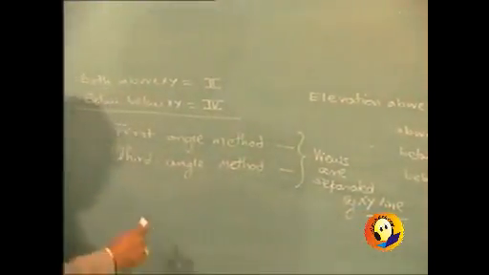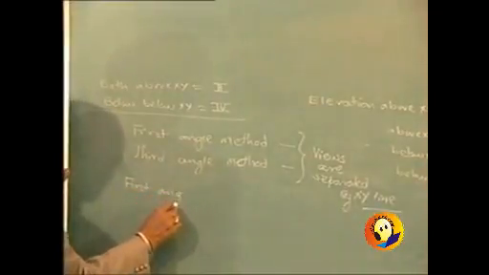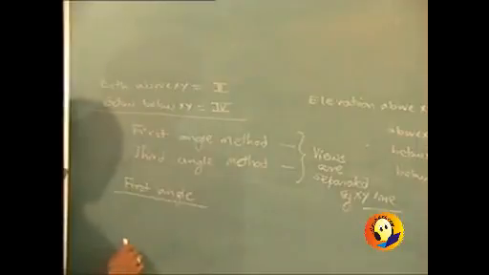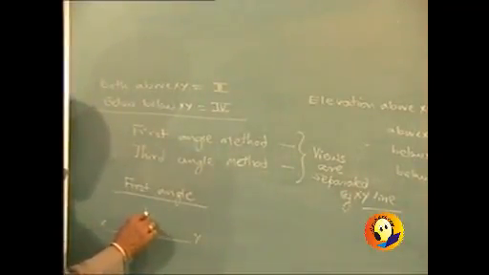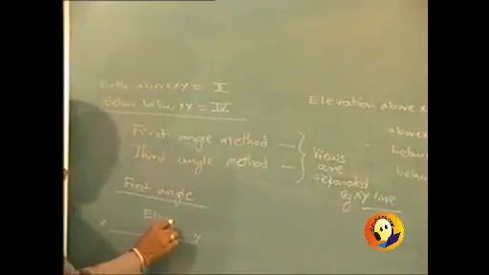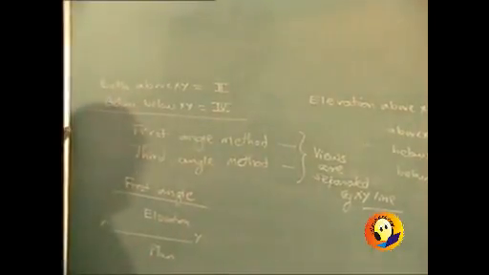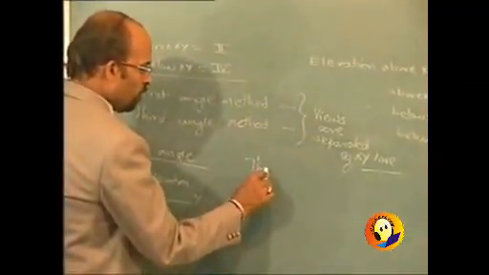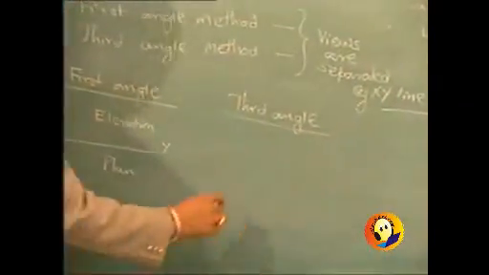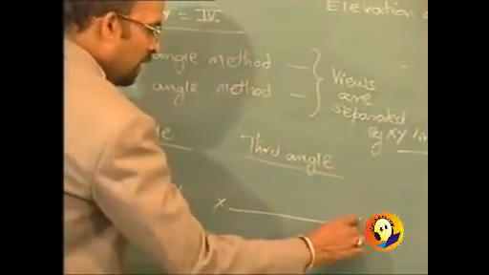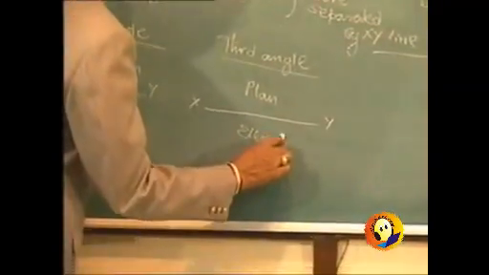And so we say that first angle method of projection, with respect to XY line, you will have elevation above XY line and plan below XY line. Whereas in case of third angle method of projection, we will have plan above XY line and elevation below XY line.